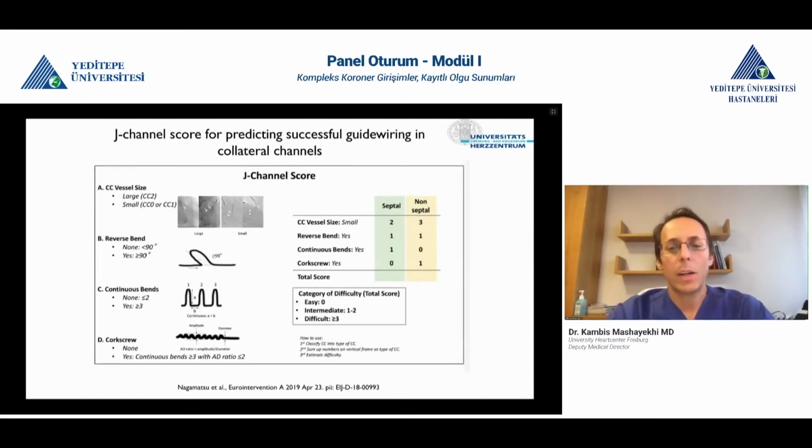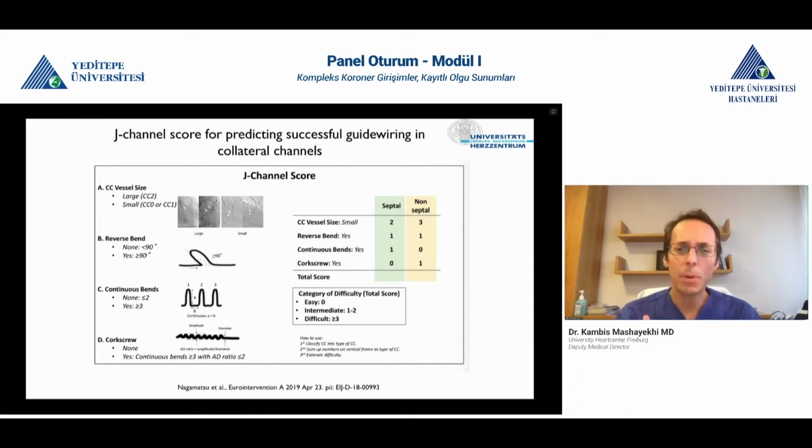There was another publication which I reviewed, on the J-channel score in neurointervention, this last year. It was also with Osamu Kato, who was one of the seniors of the paper, where they focused on septal and non-septal collaterals.